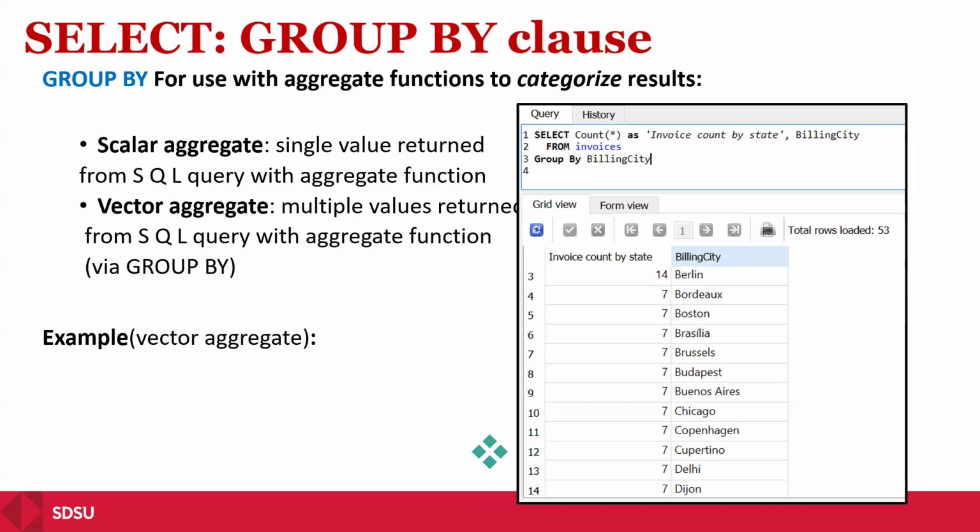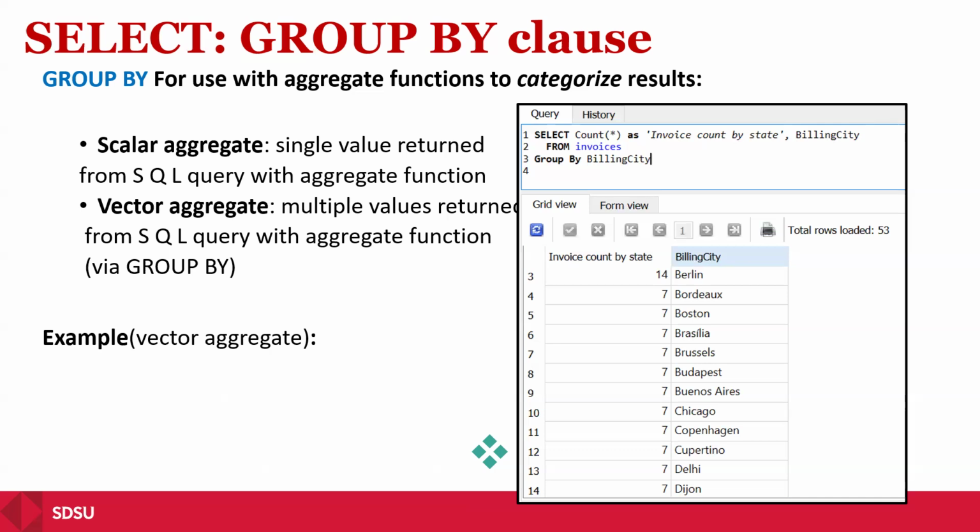When we use an aggregate function but we also want to add some data to that, that's where group by comes in very handy. In this example, we're trying to select all the invoices by state and display billing city for those invoices.